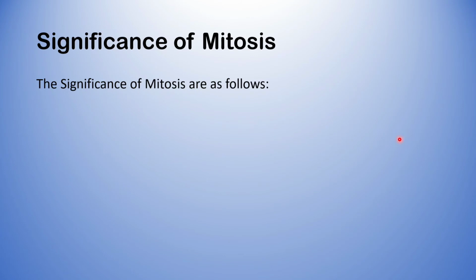Now the significance of mitosis. Why is mitosis cell division required, or why is it needed? You are curious to know about it. The significance of mitosis is, first, growth, and repair of our body, like repair of any injuries.